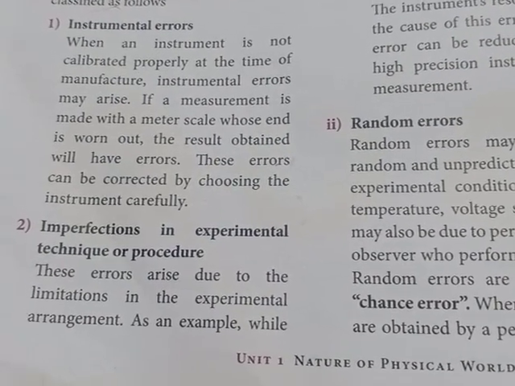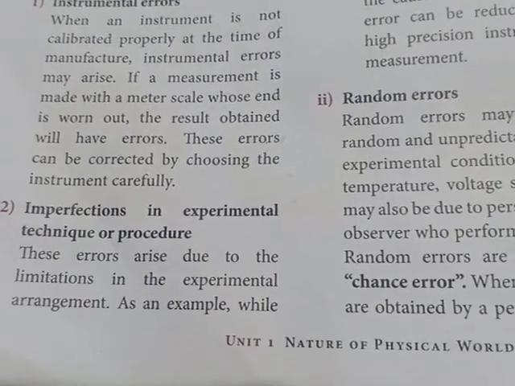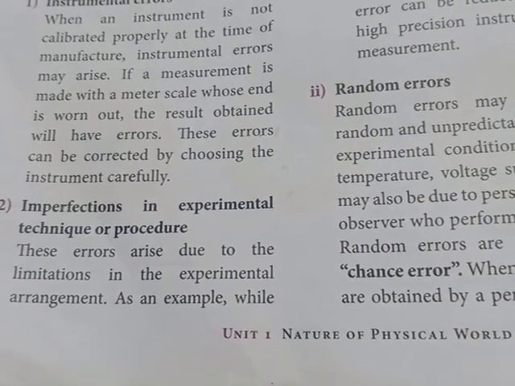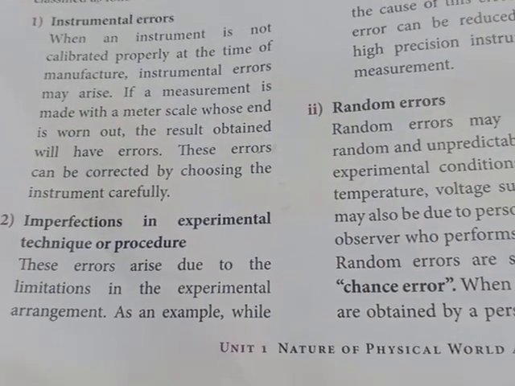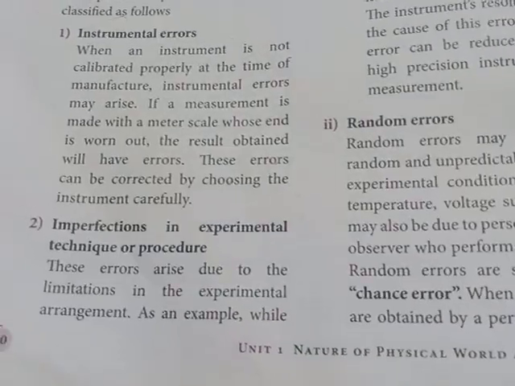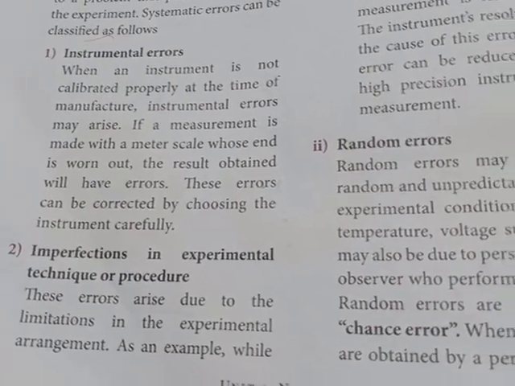If the calorimeter is not insulated properly, the heat loss will be more, the heat loss value will change, and in that experiment we will not get an accurate value.